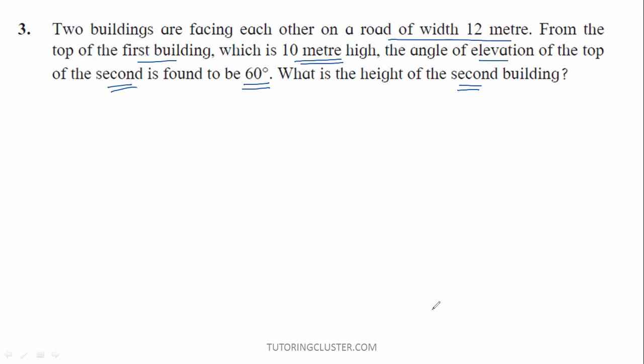Again, very simple. See, there are two buildings. Obviously the heights of the buildings are not the same. So I am drawing the two buildings like this, and this is the second building. This is building 1, this is building 2.